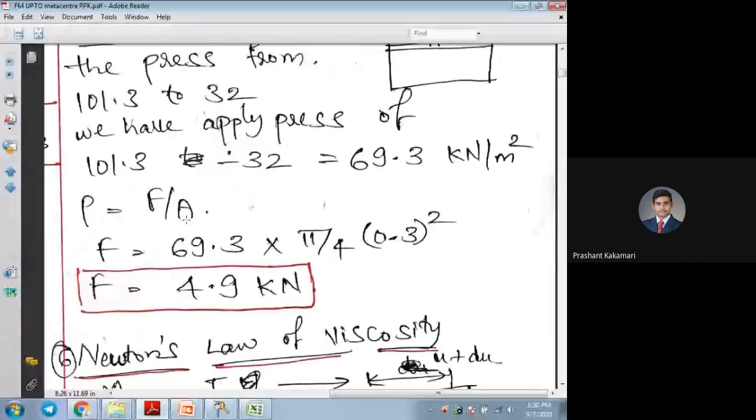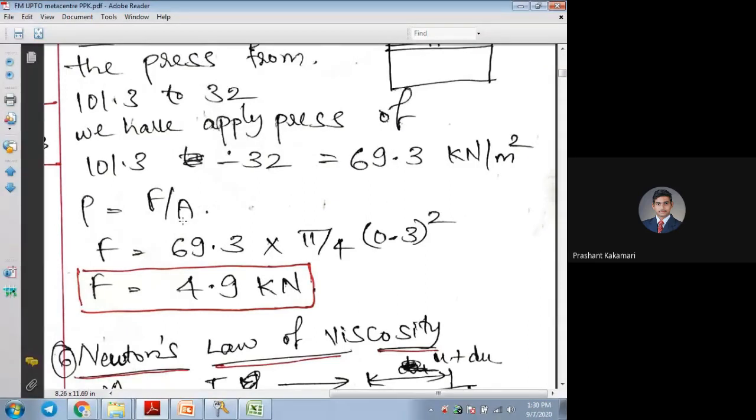So here why am I taking the piston area? Because the force is applied on the piston only. We cannot apply force on the cylinder. If you apply the force on the cylinder, the cylinder is completely rigid. It is not moving. The piston is moving.